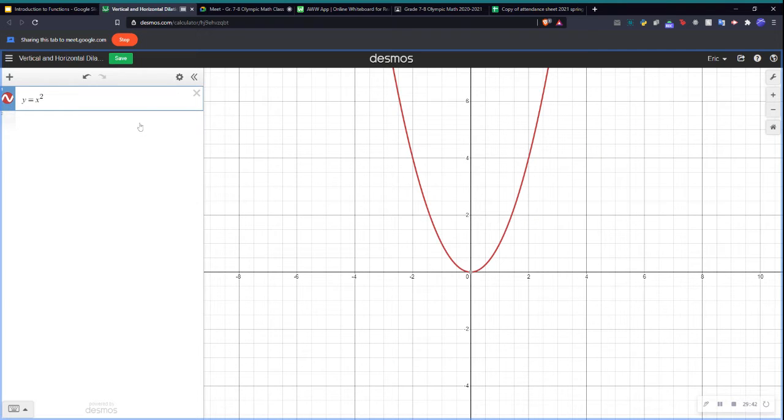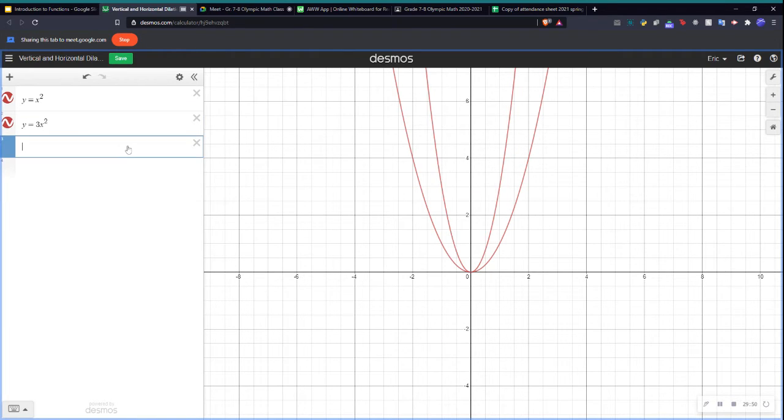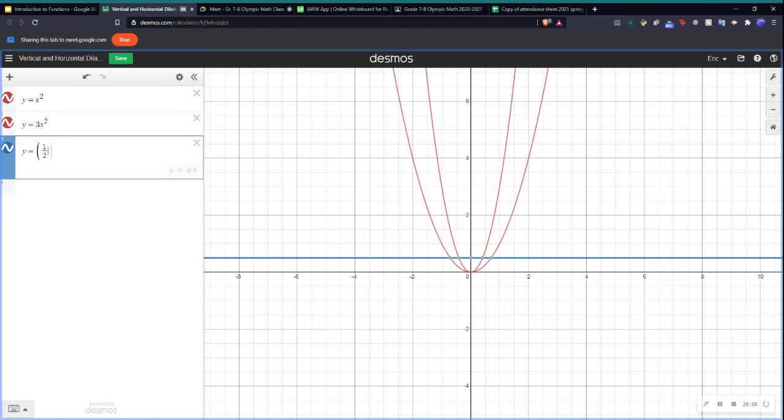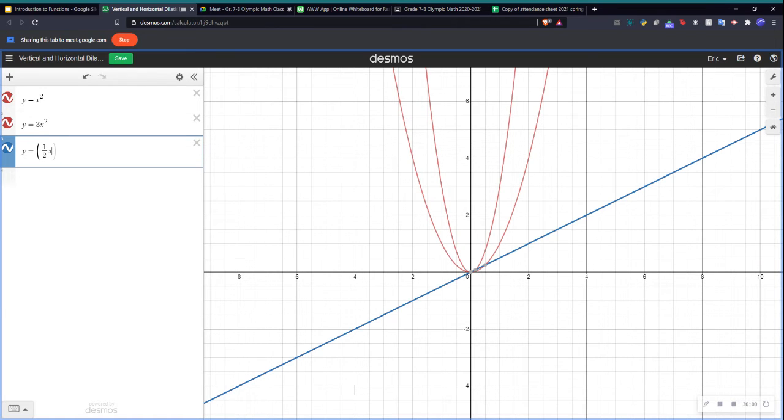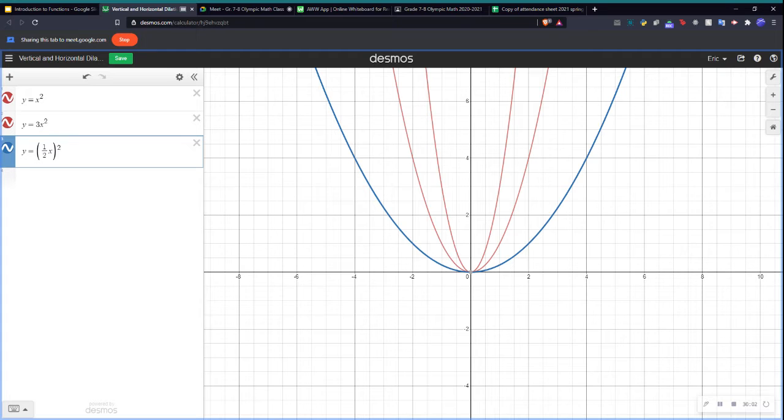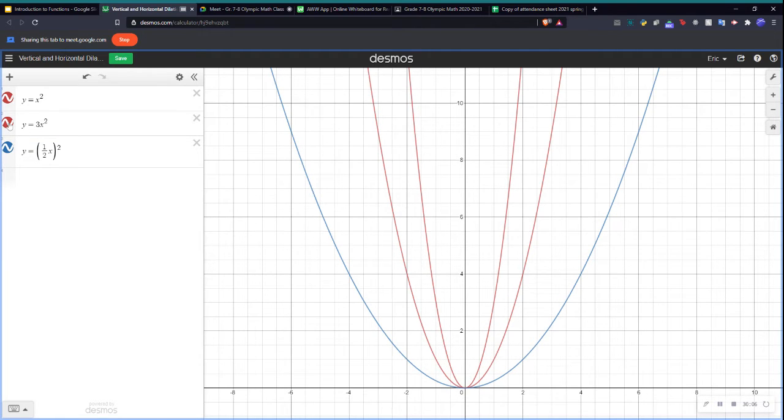I'm not sure why my graphs got deleted. I'll do it quickly right now. Here you go. Oh, I'm not sure why this one's red. Okay, can't change those colors, unfortunately.